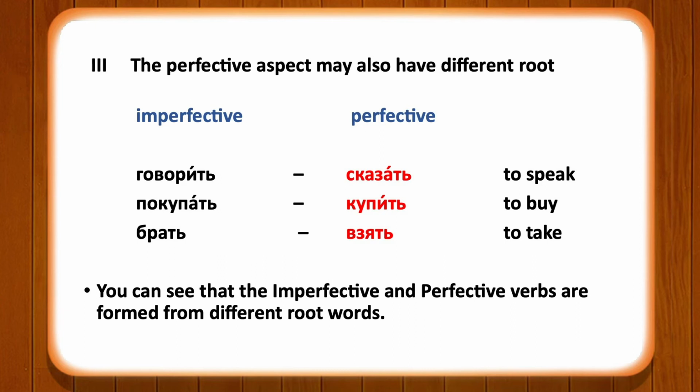I will repeat: gavarij, skazaj, pakupaj, kupij, brach, vzять. You can see that the imperfective and perfective verbs are formed from different roots.